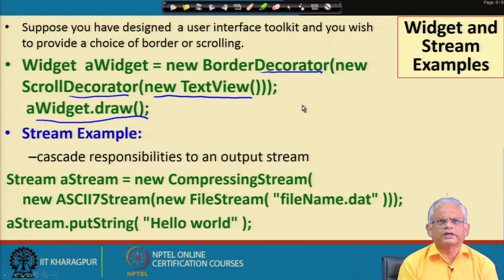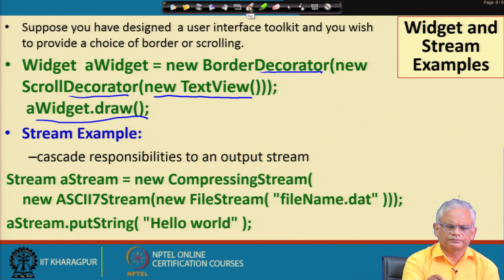Now, let us look at an example of the Java I/O stream. You might have done some programming using Java I/O, the Java input output, and if you look at this code now, it will appear familiar, and then you will realize that the code that you have been writing is actually the decorator pattern that has been used in the Java I/O stream.